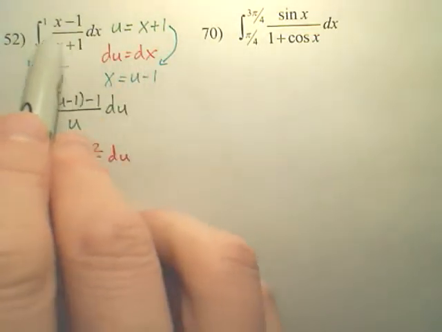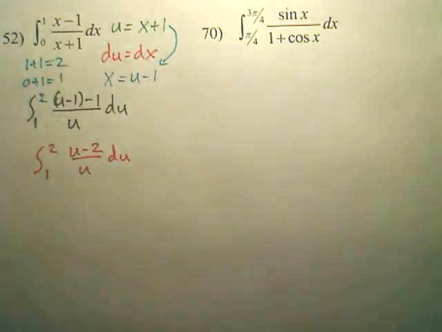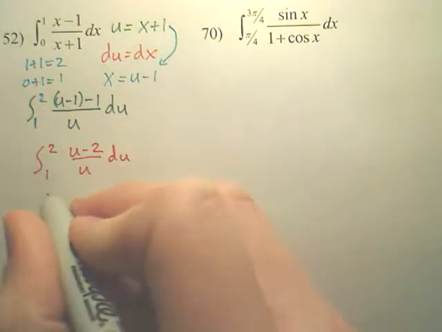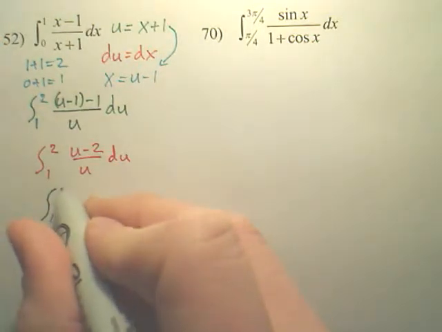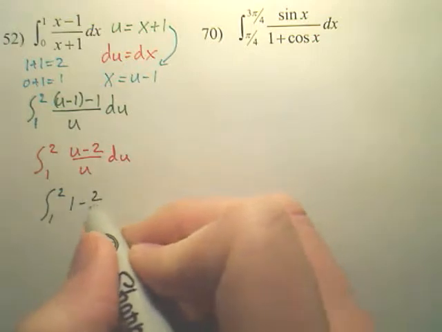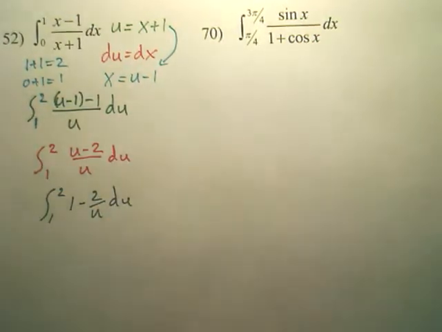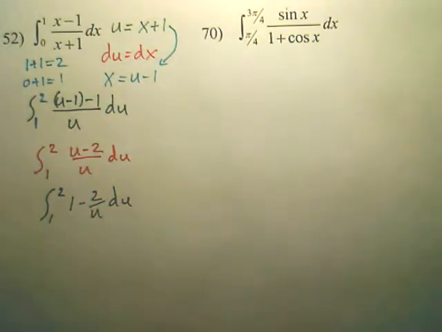Again, when you get the bottom to be u, if you can then change this to be x equals, it's going to be integrable. So this becomes 1 minus 2 over u du. That's the key. If you get one thing on the bottom, you can divide both by u, thus it's integrable.